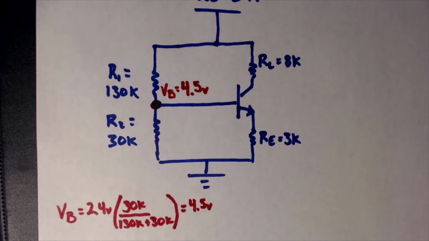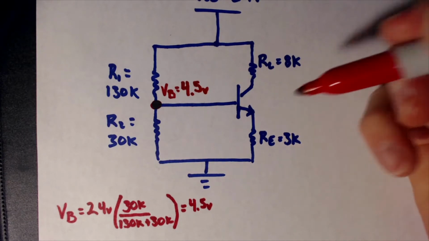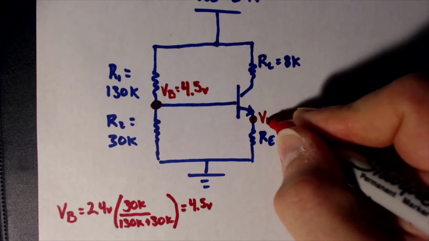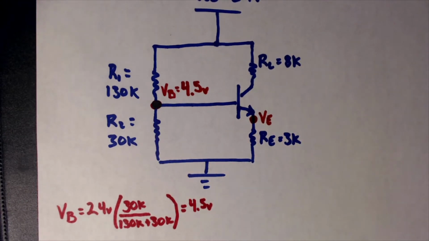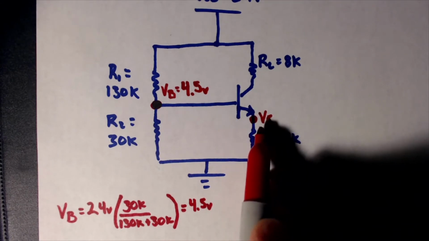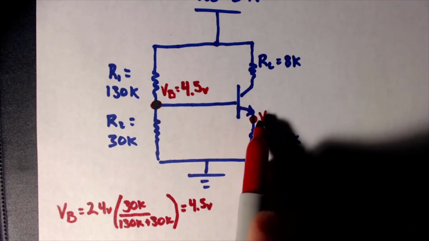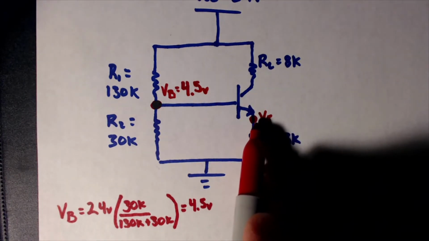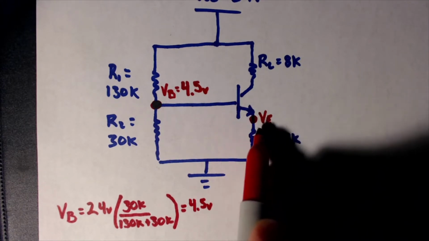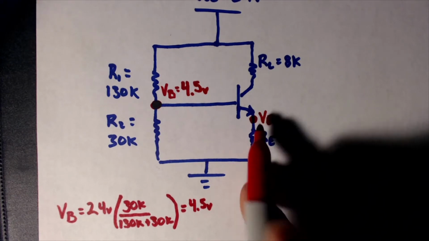Pretty straightforward. Next, we want to figure out the voltage at the emitter, V sub E. The nice thing here is we can say that 4.5 volts at this point minus the 0.7 volt drop, because between the base and the emitter we have this PN junction, a diode that's been formed. We have a 0.7 volt drop from VB to VE.